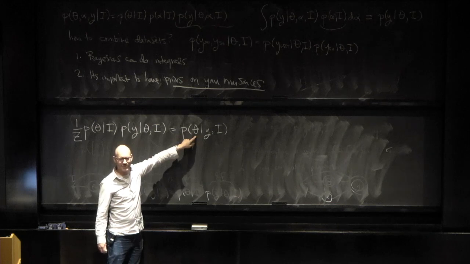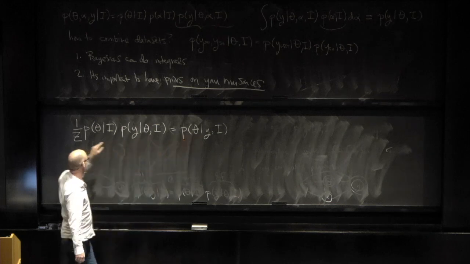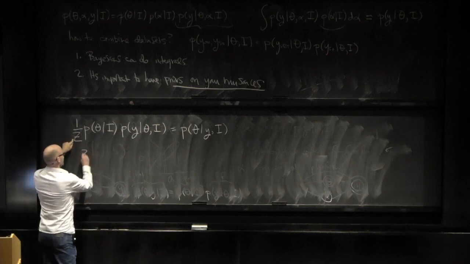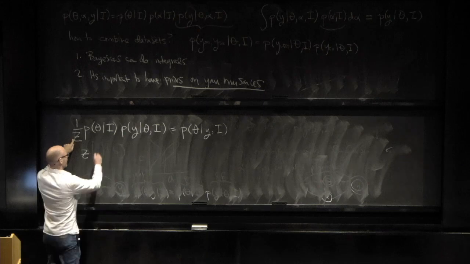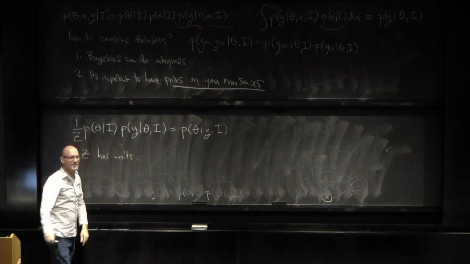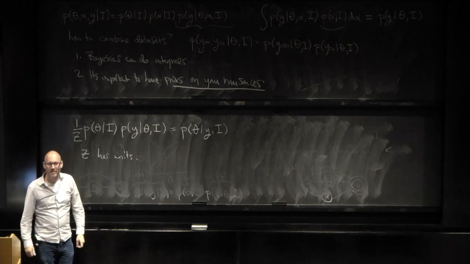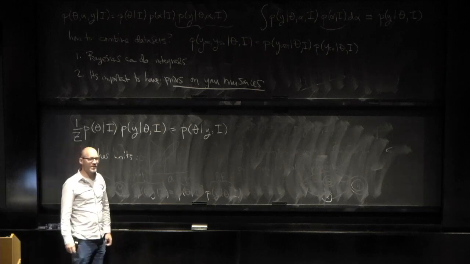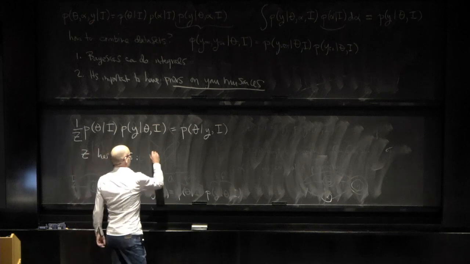That means this thing has units. Z has units. Z is sometimes called the evidence, which is a terrible name that no one should ever use. And Z is usually very hard to compute.